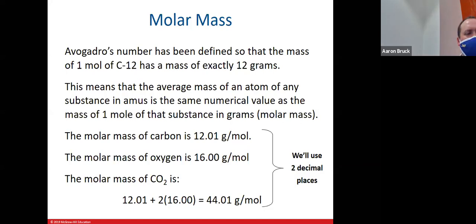So take, for example, carbon. According to the periodic table, the molar mass of carbon is 12.01 grams. So every mole of carbon is going to, on average, weigh 12.01 grams. If I look on the periodic table at oxygen, the average mass of a mole of oxygen is going to be 16.00 grams.